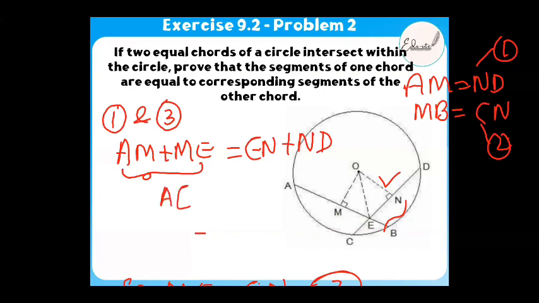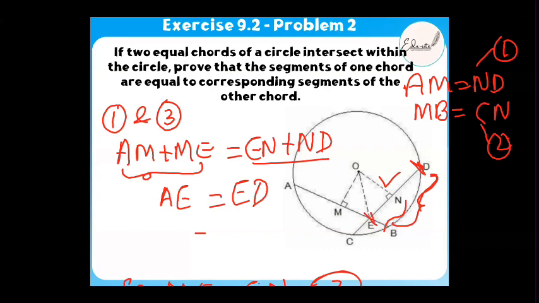AE. Very good. Is equal to, what is EN plus ND? EN plus ND, END. It is ED. Total line. Final points. Is it ED?